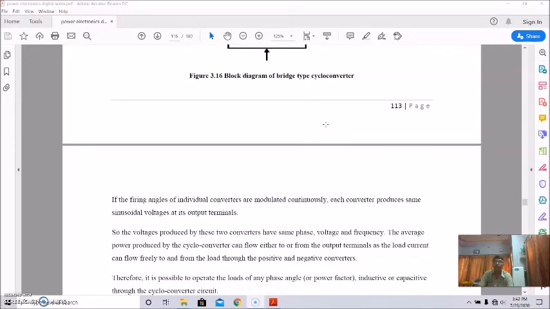If the firing angles of the individual converters are modulated continuously, each converter provides the same sinusoidal voltage at its output terminals.